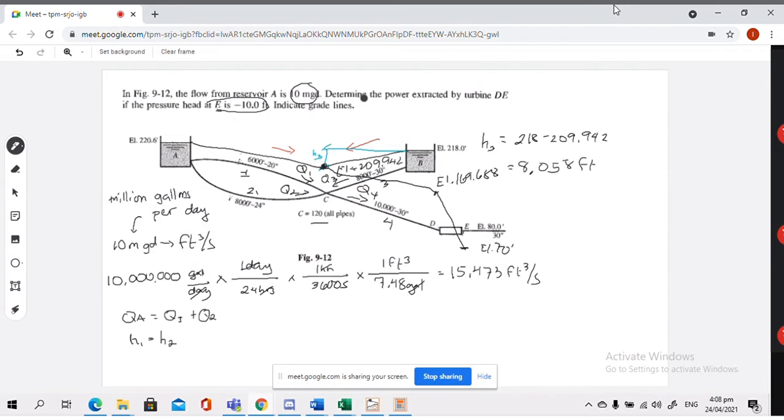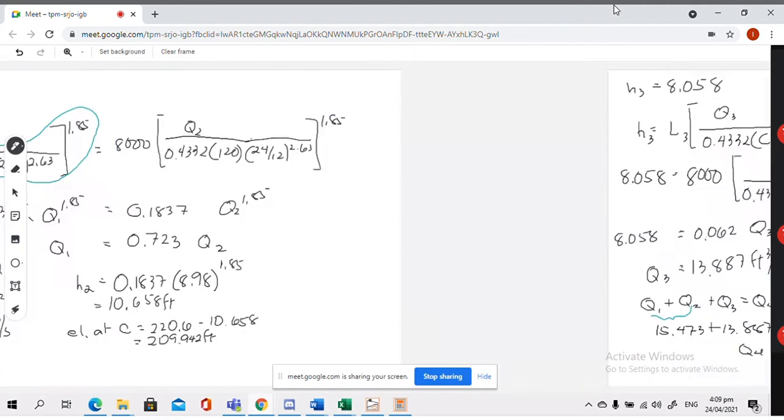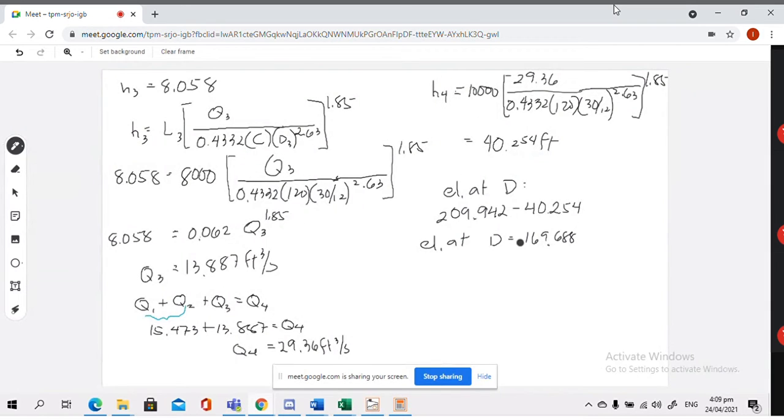The question is, what is the power extracted by turbine DE? So what you need at D is the head extracted, that is HE.